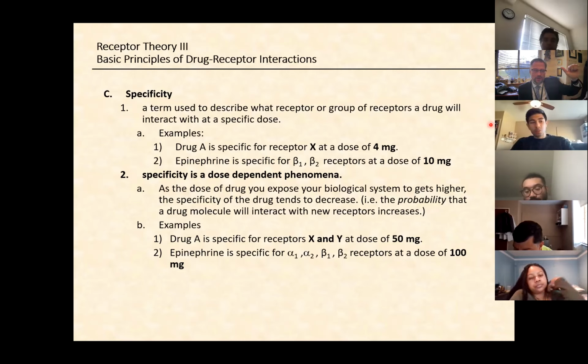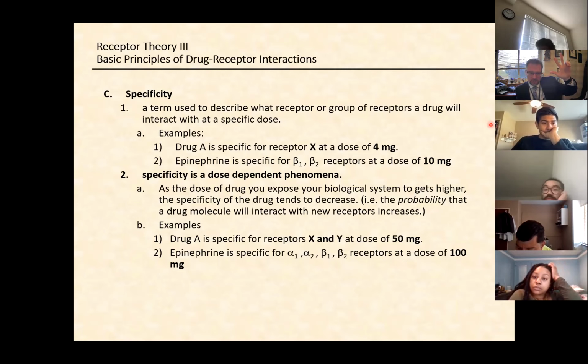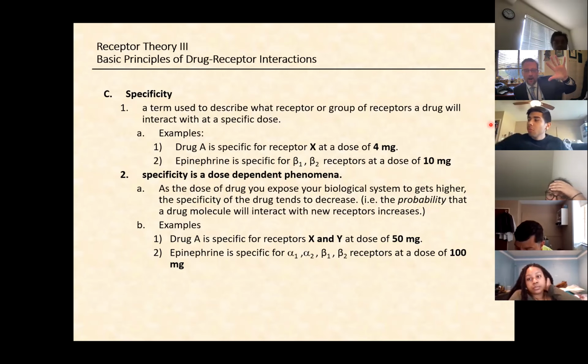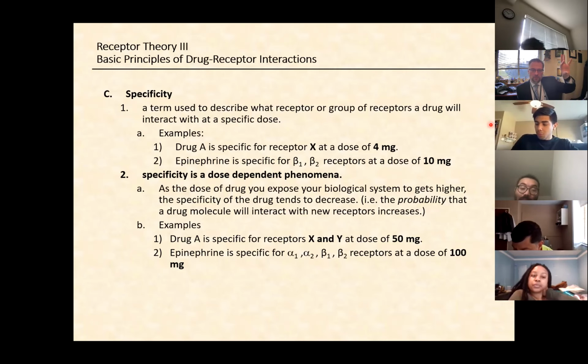You know that your Aunt Marge, your Uncle Joe, and your cousin Sam are obnoxious, and you don't want to talk to them. Are you specific for those receptors? No. But you love your Aunt Sally and your cousin Sarah, so you're going to talk to them. Are you specific for those receptors? Exactly.